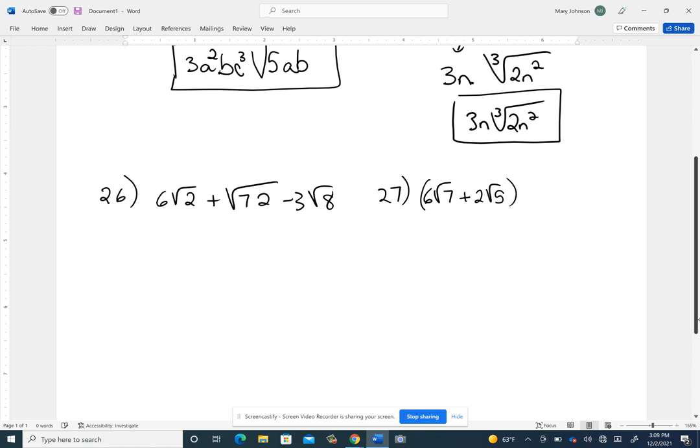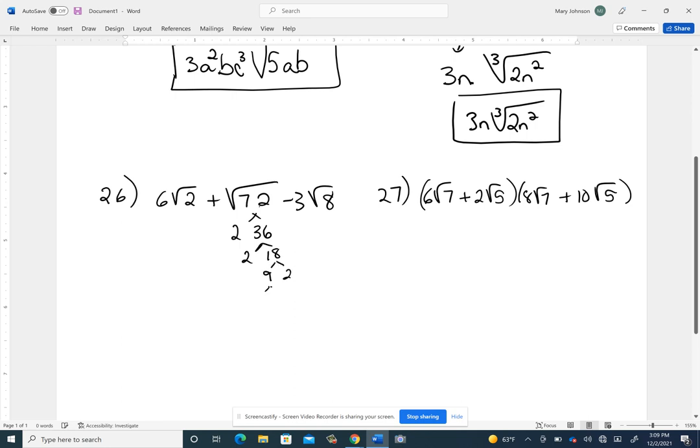All right, so 26 is adding and subtracting. 27 is multiplying. When you're adding and subtracting, you need like radicals. All the radicals look different right now, so you're going to work on splitting these up and seeing if they really are like radicals and it's just camouflaged. So when you divide 2 into 72, it goes 36 times.